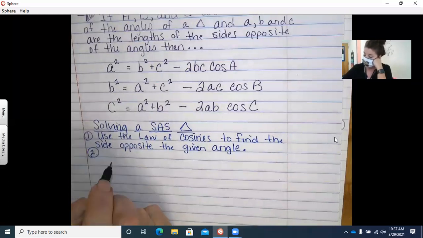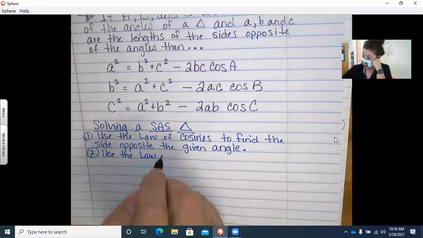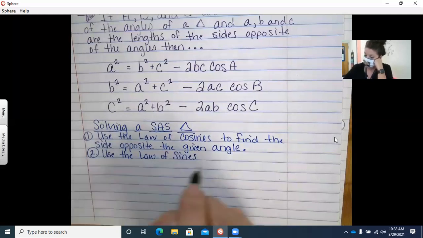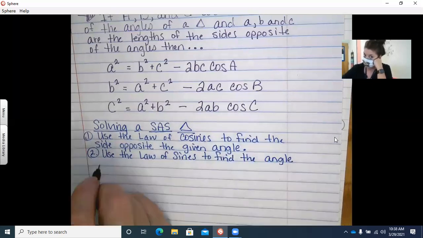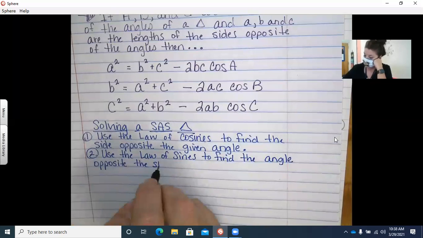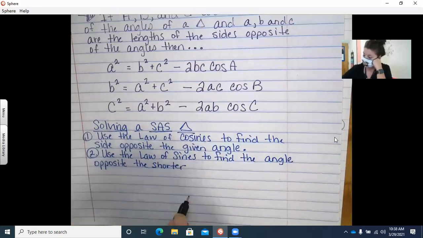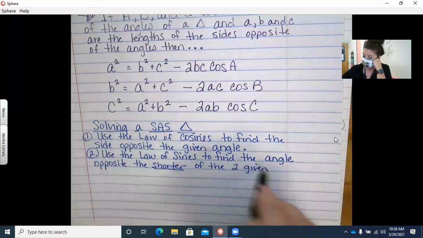Use the law of sines to find the angle opposite the shorter of the two given sides. This angle is always acute.